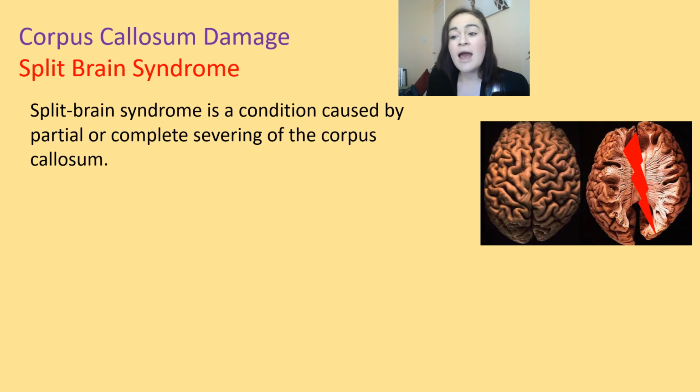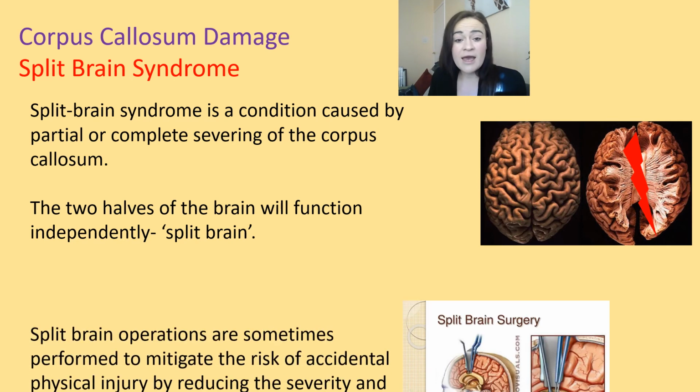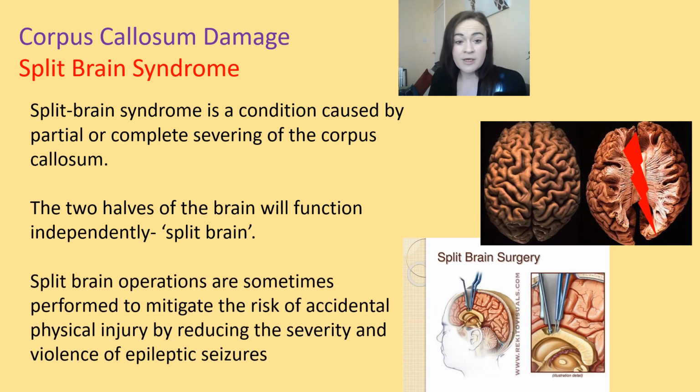This is basically a condition that's caused by the split up of the corpus callosum, and you see that the brain will function completely independently in two halves. That's why it's called split brain. As I said before, I'm not too sure why, but these operations will actually reduce the risks of any physical injury during epileptic seizures and things.